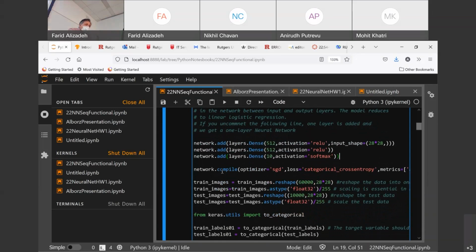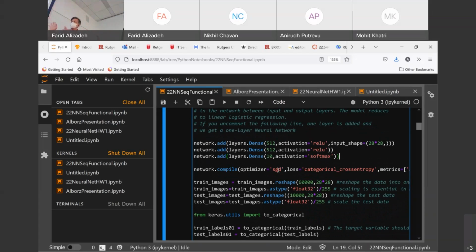And then you have to compile it. So you put them together. Compiling is basically putting this network together. You have to tell it what kind of optimization algorithm to use. Right now, keep it with SGD. SGD is actually the weakest one, it's not very good, but it's the most important one because everything else is based on it.